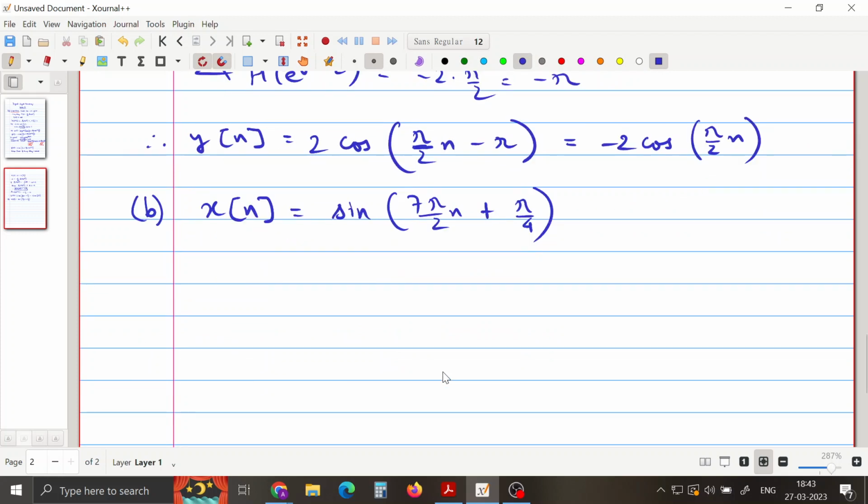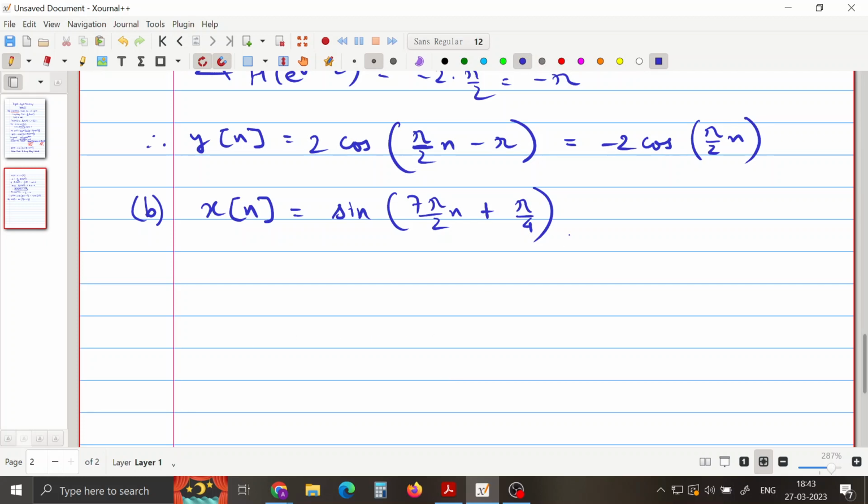But we know the magnitude at pi by 2. So the first thing that comes to mind is how I can somehow convert this 7 pi by 2 to some pi by 2. If I go from 7 pi by 2 n to some pi by 2 n, I can play with this and reach the desired form.